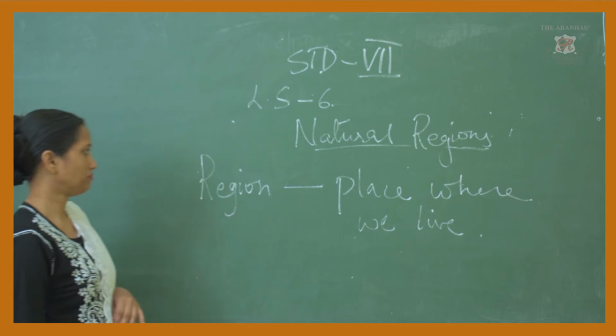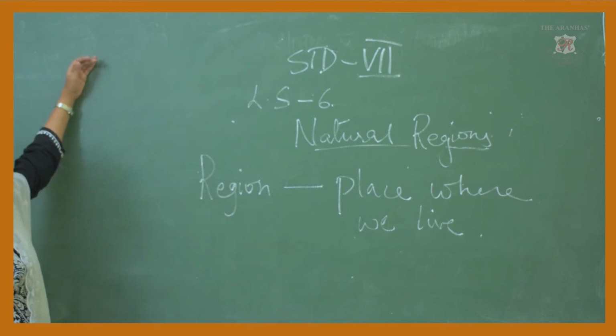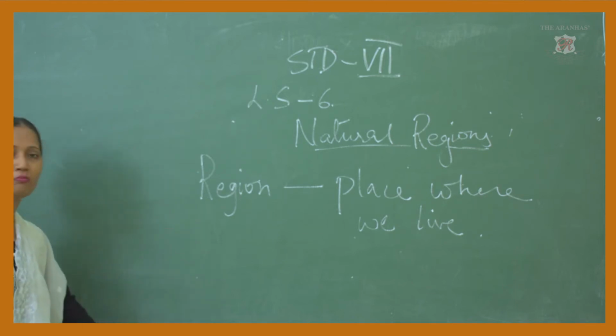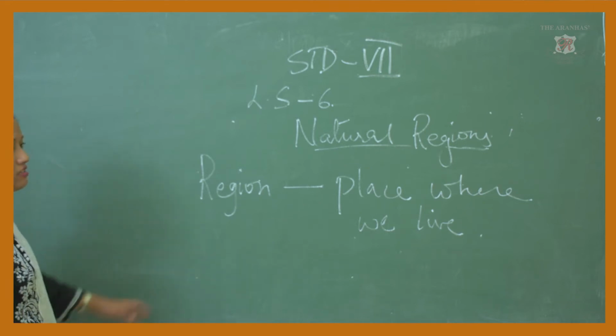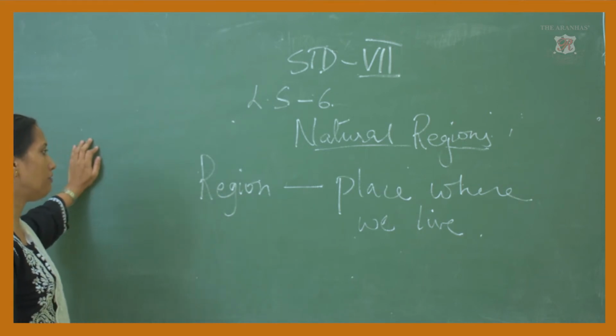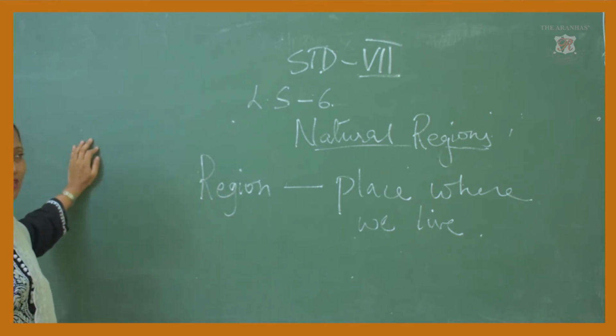As I said, we could be living in the hilly region, we could be living in the plateau region, or we can be living in the valley region. Or else we could be living in the desert region, we could be living in the Iceland region. What is Iceland region?